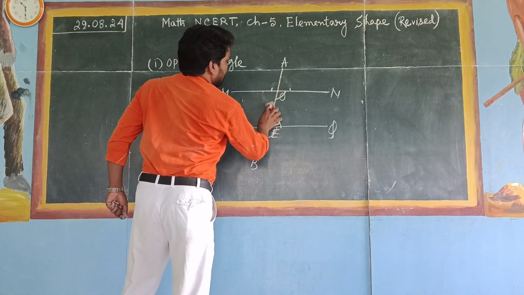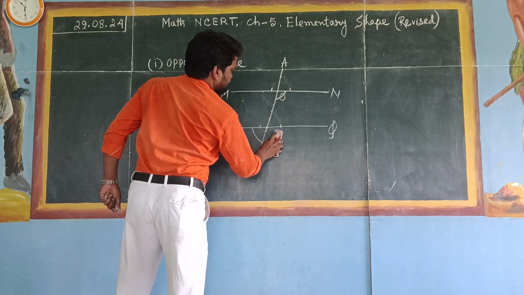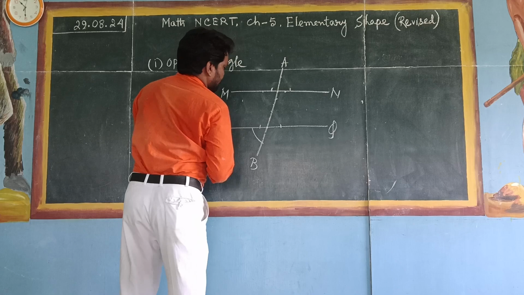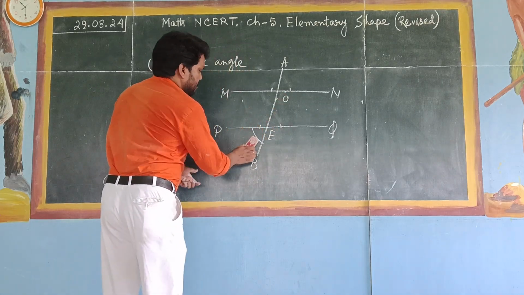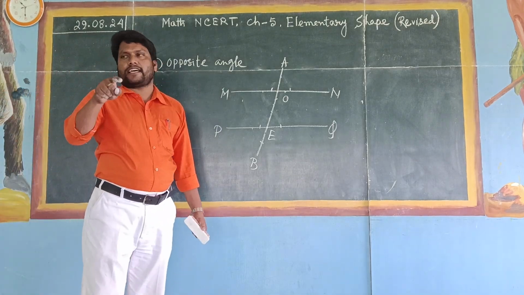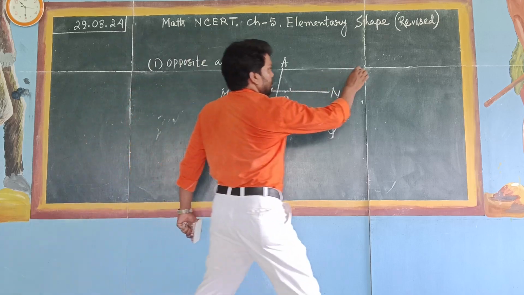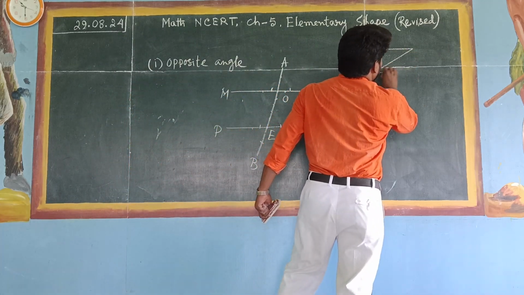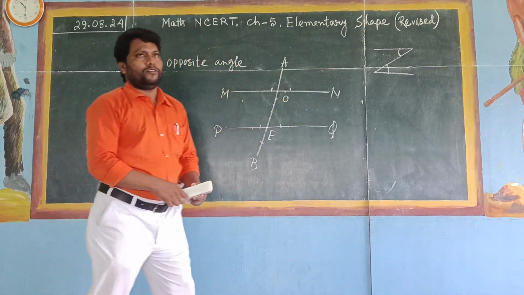Next comes alternate angles. Alternate means a Z-like structure, the alphabet Z-like structure. This angle is alternate to that angle.